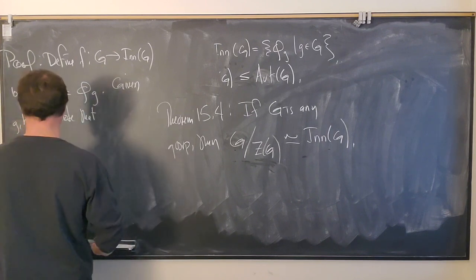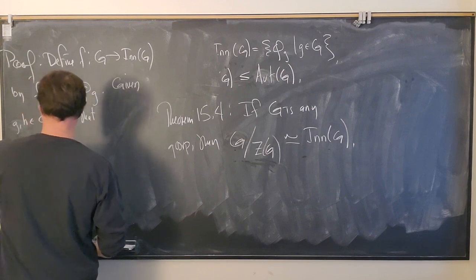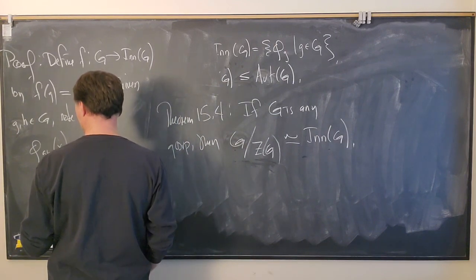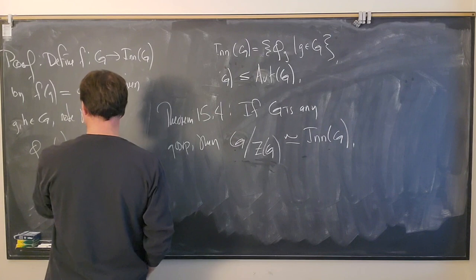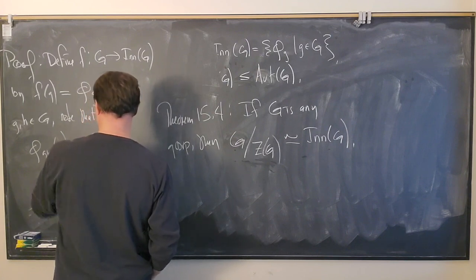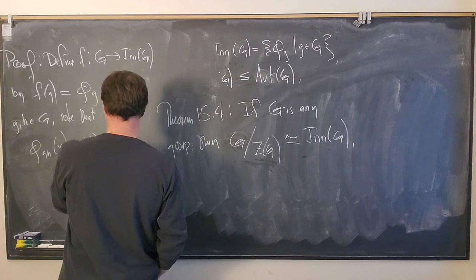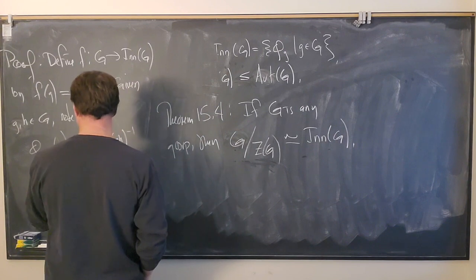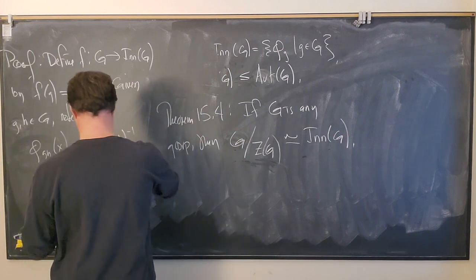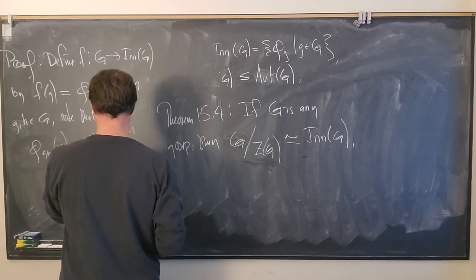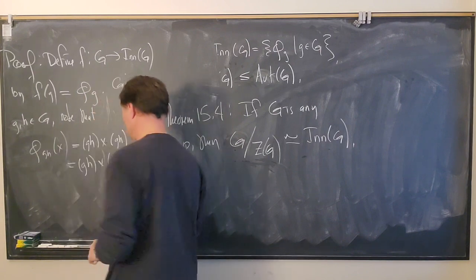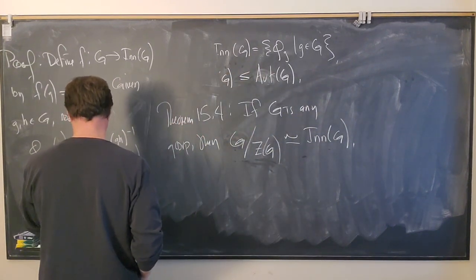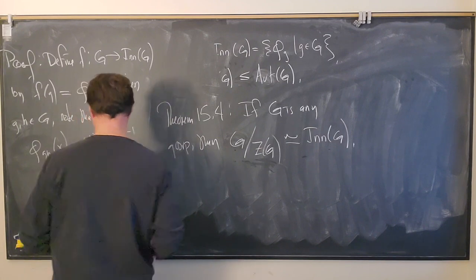phi sub gh of some little element x is going to equal gh times x times gh inverse, which is equal to gh times x times h inverse g inverse. Now I'm going to move some parentheses around, so this gives me g times h x h inverse times g inverse.